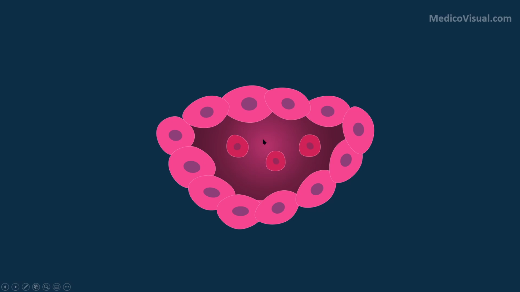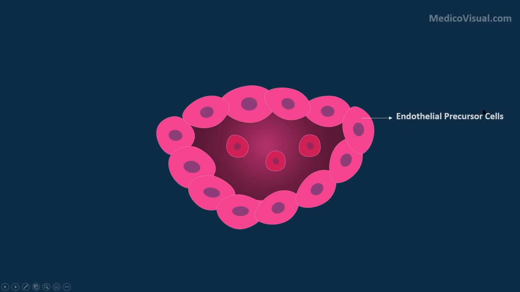Now these alive cells that are within this lumen of this pot-like, vessel-like structure that is now formed, these cells are the precursors of blood cells. So these are the blood cell precursors, and these peripheral cells that are arranged in the periphery are going to form the endothelium of the blood vessel.